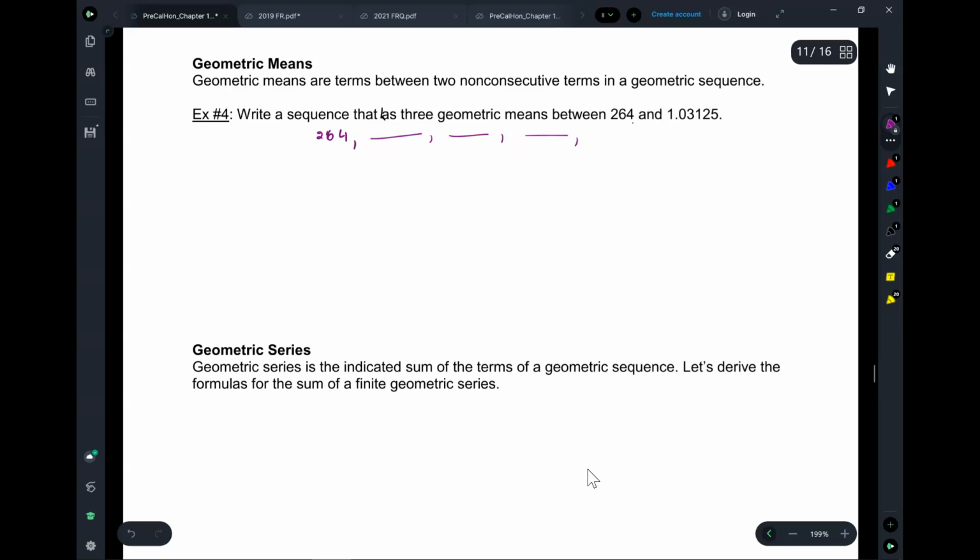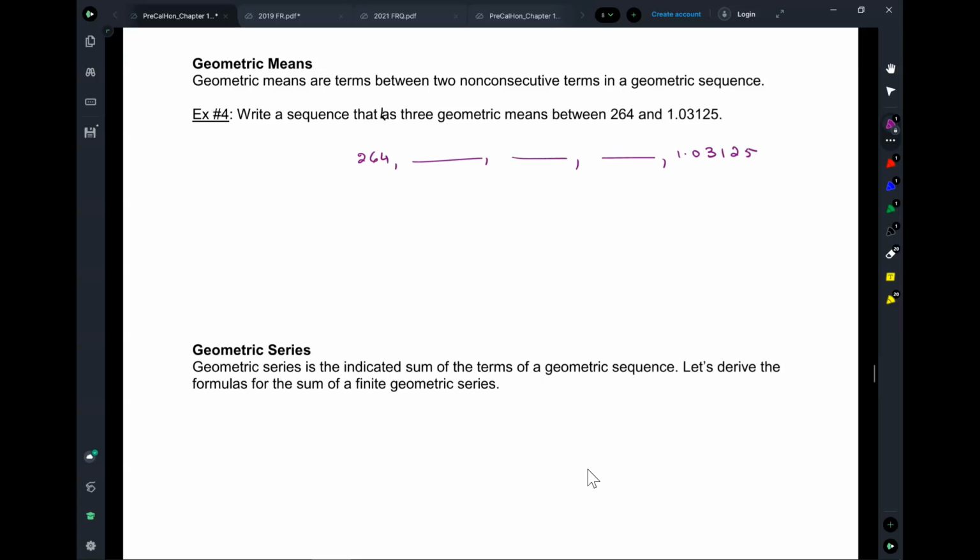And then, let me give myself some space here. So 264, 1, 2, 3, 1.03125. So, what's n? How many total? 5. So n is 5. A sub 1 is 264.